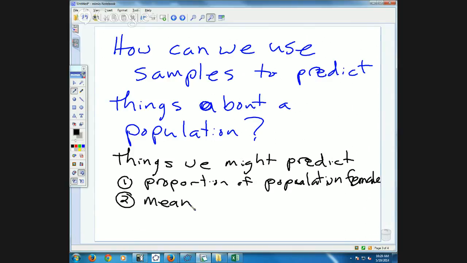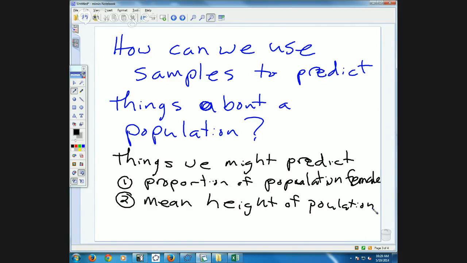Like, for example, mean height of a population. We might want to know the mean blood pressure in a certain group of individuals. We might want to know mean body temperature. Some data we'll look at on that maybe Wednesday.